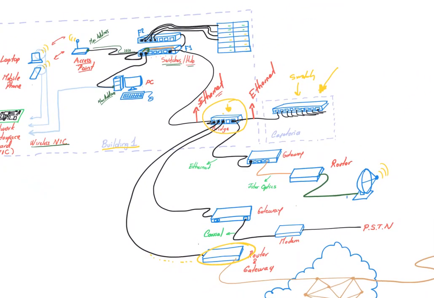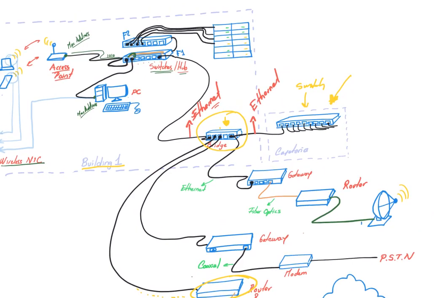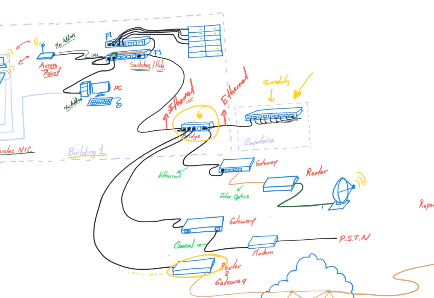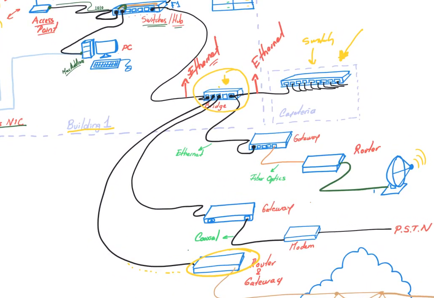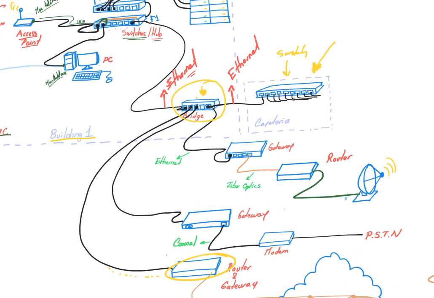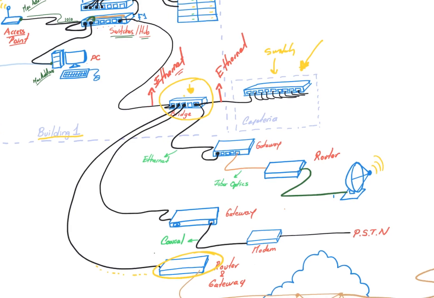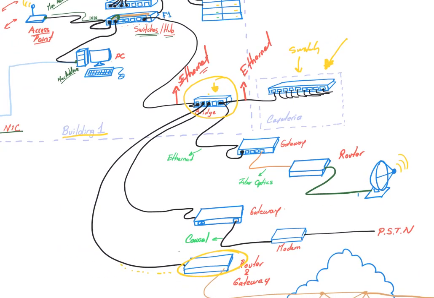Now, the device that is giving us real access to other networks is called a gateway. So the gateway is going to be a device that takes all the traffic from this LAN, for example, the building 1 LAN, the one that we have here. This is building 1 LAN.